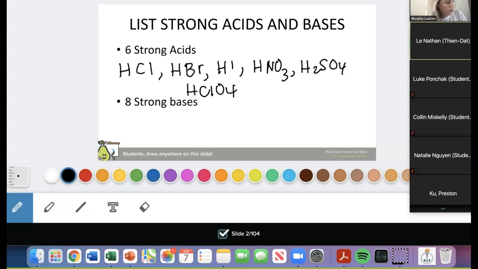So the 8 strong bases are every single alkali metal with hydroxide. So if you go down your first family on your periodic table, you have lithium, right? That's the first alkali metal, hydroxide.